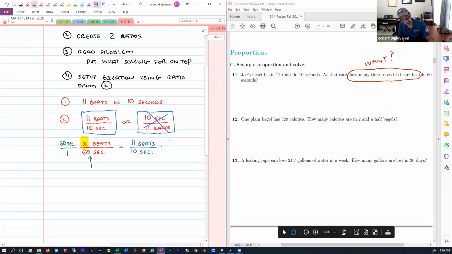So I'm going to multiply the right side by 60 seconds over 1. We're doing the same operation on both sides of the equation. And that allows me to cancel out the 60 seconds completely. On the right-hand side, the units, the seconds, just cancel out. And what you're left with is x.